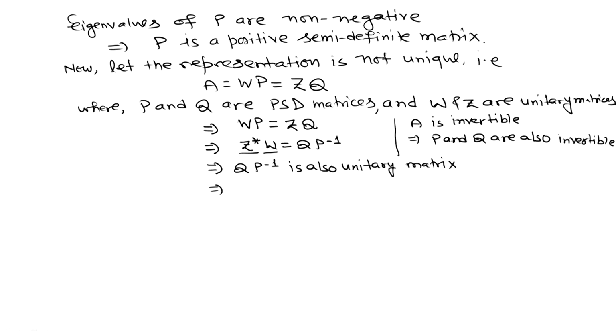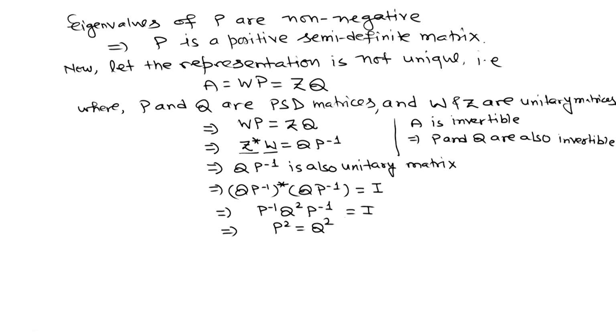It means the conjugate transpose of Q P inverse, into Q P inverse, that is, a conjugate transpose of a unitary matrix product with itself, should be I. It means P inverse Q square into P inverse equals I. It means P square equals Q square.